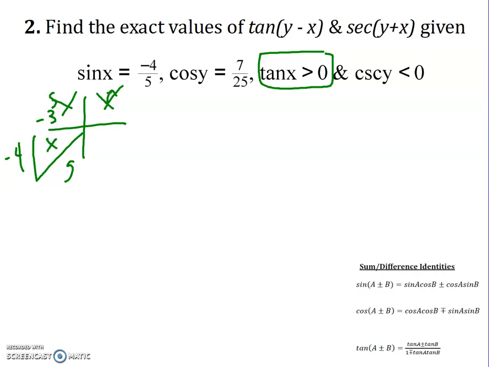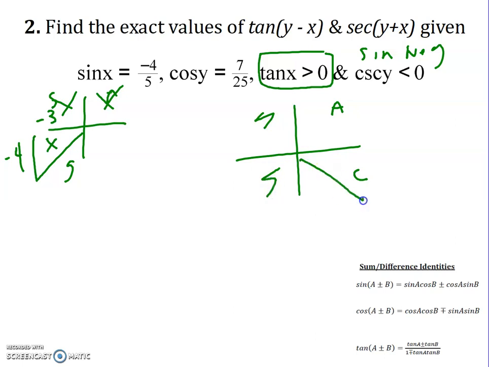Cosine is positive, and this says that sine is negative, so cosine adjacent, hypotenuse: 25 squared minus 7 squared is going to be 24. Make sure you put a -24 there.